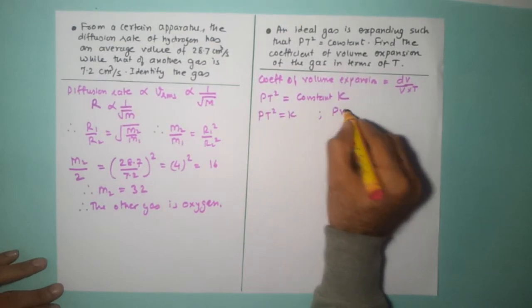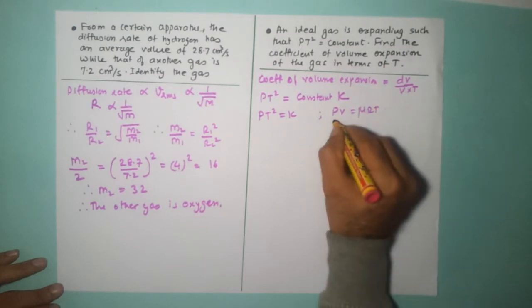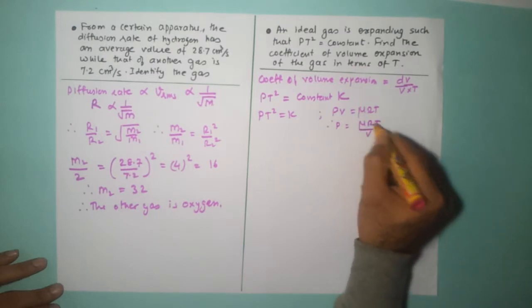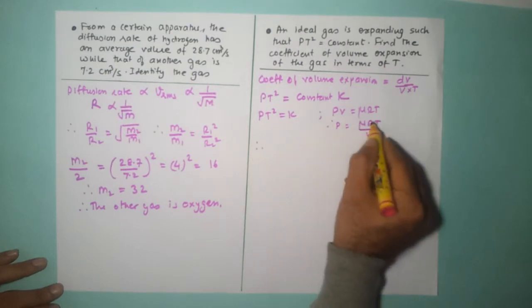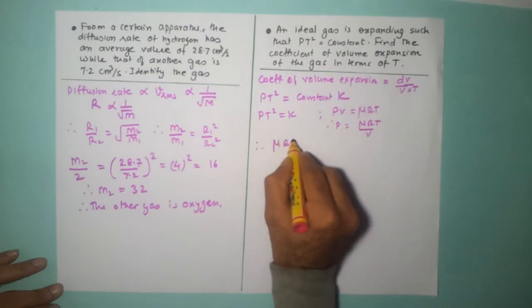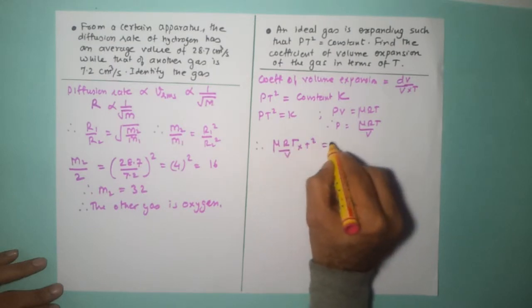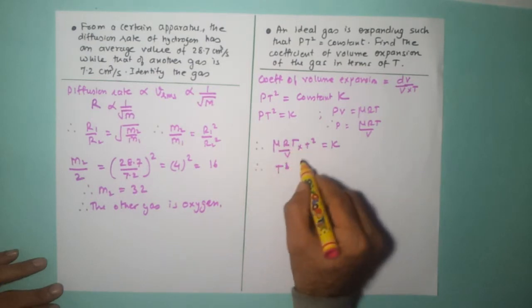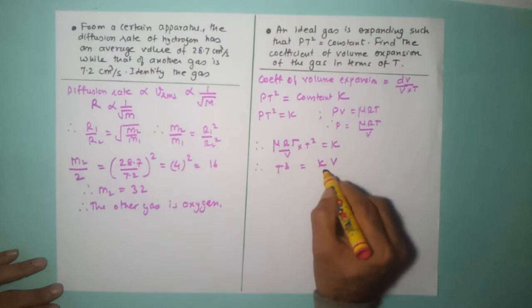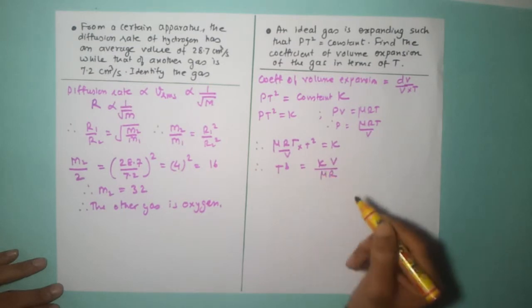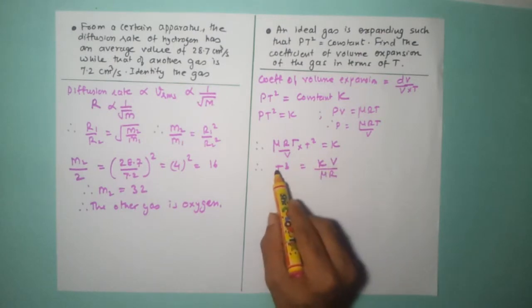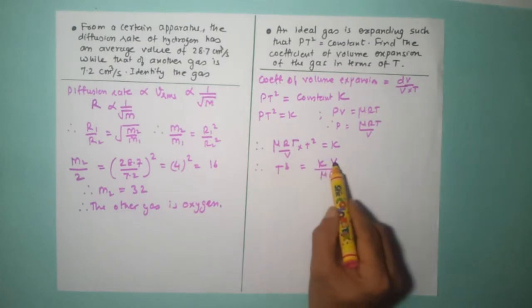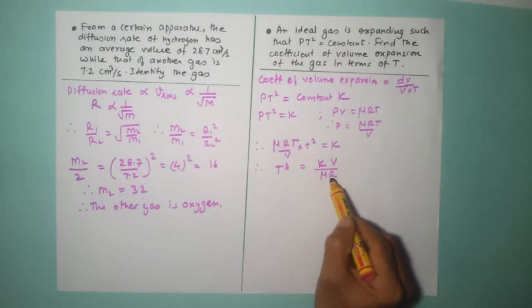Also we know that PV is equal to mu RT, and therefore P is equal to mu RT by V. If I put this value of P over here, I'll get mu RT upon V into T square is equal to some constant K. Therefore T cube, T into T square, is equal to K V upon mu R. So we have the relationship between V and T. We wanted to find dV by V in terms of T. K is constant, mu is constant, R is constant.